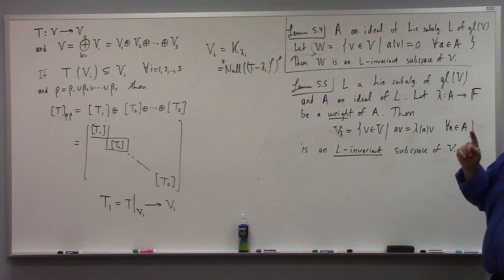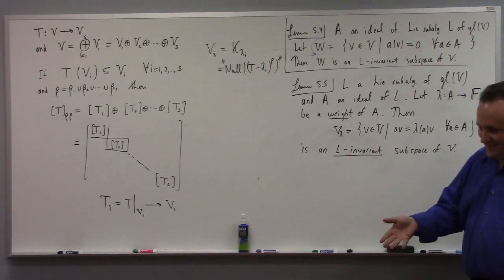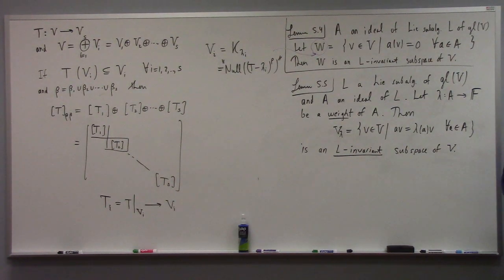But I would point out that the set which contains the weights is not the weight space. V sub lambda is the weight space. The weights satisfy that condition for those v in the vector space V. A weight is a dual vector.